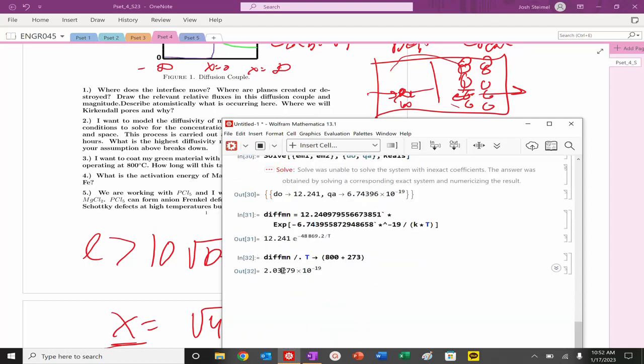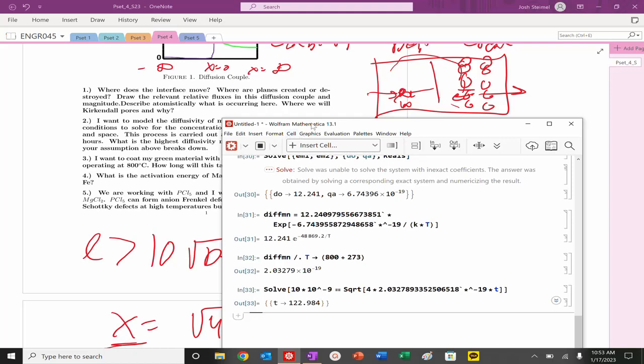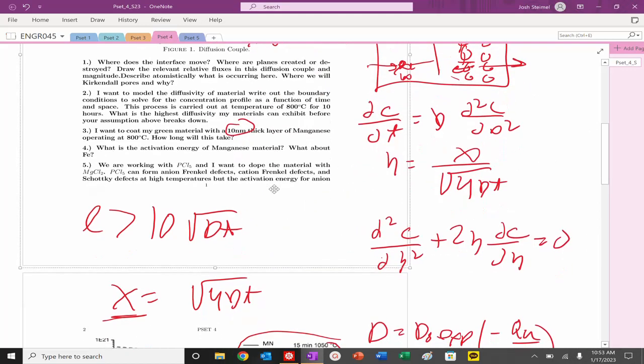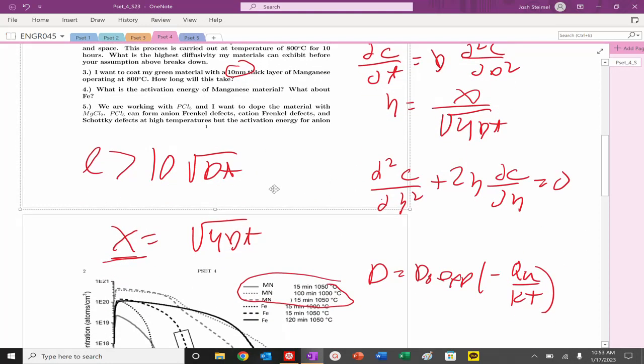We got it. So that's my diffusivity. So now I'm going to solve how long will it take for 10 nanometers, 10 times 10 to the minus 9, set equal to square root of 4 times diffusivity, which we have here, times T. And there we go. We got the time. We're good to go. Now let's move on to number 5.